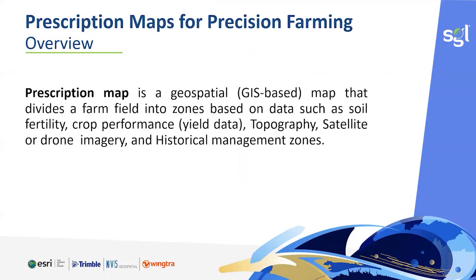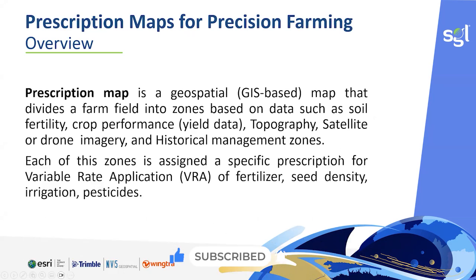Now we'll be looking at the overview of prescription maps. A prescription map is a geospatial map that divides a farm field into different zones based on data such as soil fertility, crop performance, that is in regards to yield data, topography, satellite or drone imagery, and historical management zones.